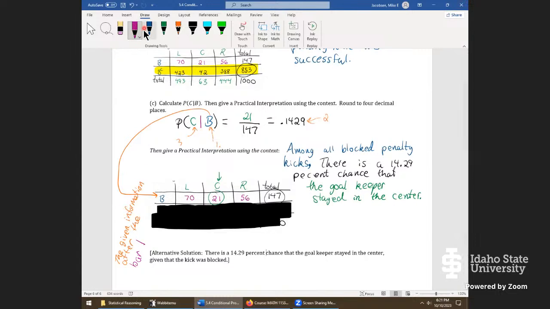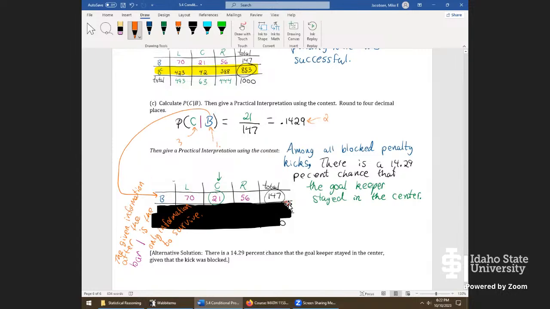So the given information after the vertical bar is the only information to survive. In other words, we essentially disregard or blacked out or deleted everything else in the table other than the labels L, C, and R. All the other counts are just wiped out. So anything that comes second is the thing that is always going to be left standing.